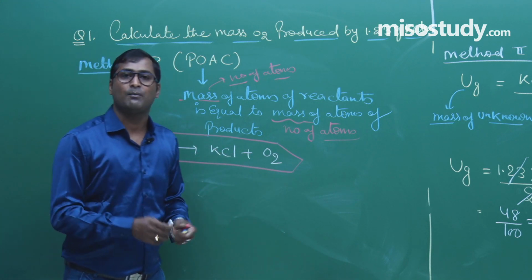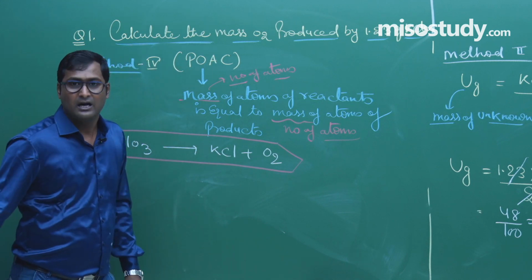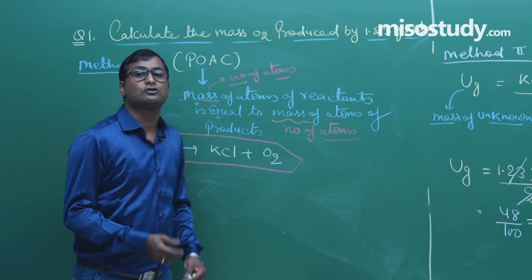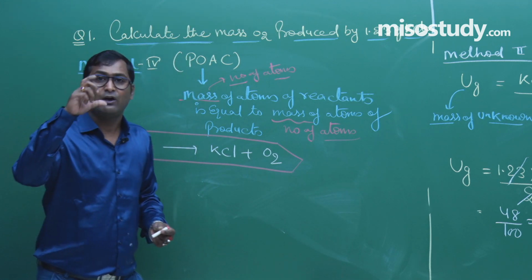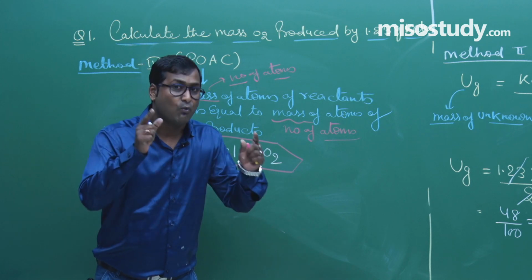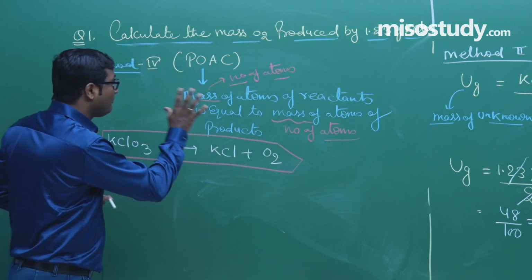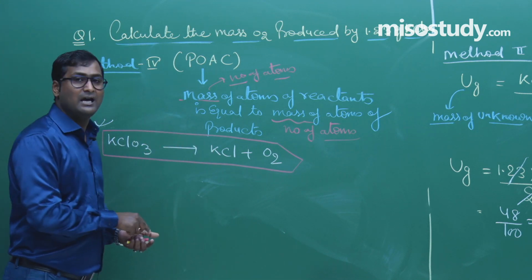Because in a maximum number of questions, a student feels that it is not possible to balance the reaction, and it will take lots of time. So as we know, we are facing a competitive examination and we have very little time, and within this time frame we have to solve the question. So in the POAC method we do not need to balance the reaction.